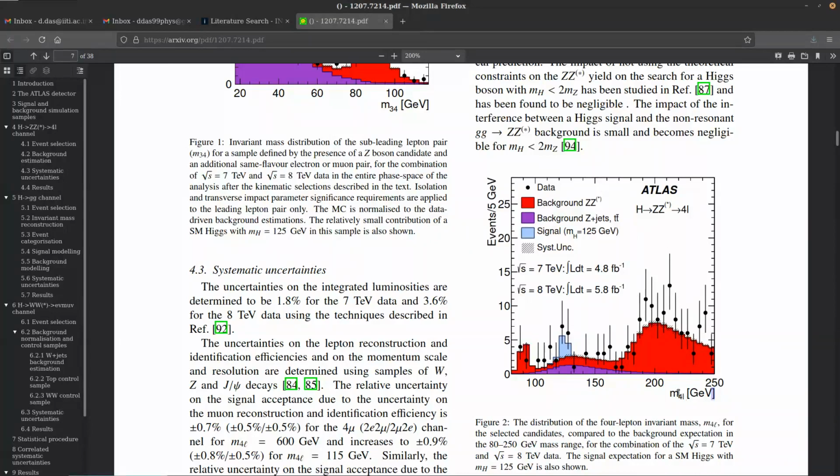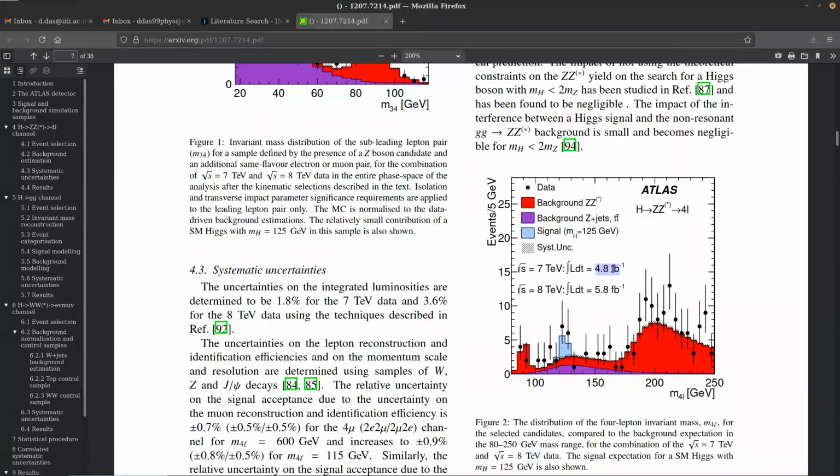Now people who are not familiar with particle physics lingo, try to think about this in this way. Electron is a lepton. So suppose you are observing 4 electrons. Okay, 1, 2, 3, 4. You are colliding basically protons. And you see this 4.8 femtobarn and 5.8 femtobarn.